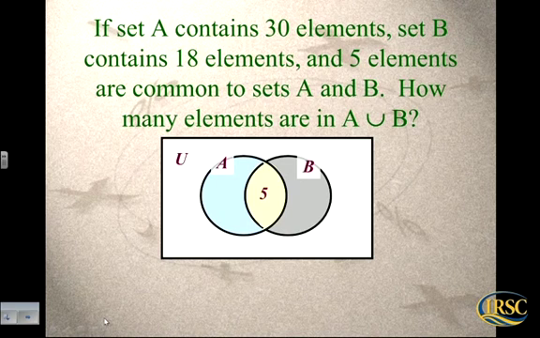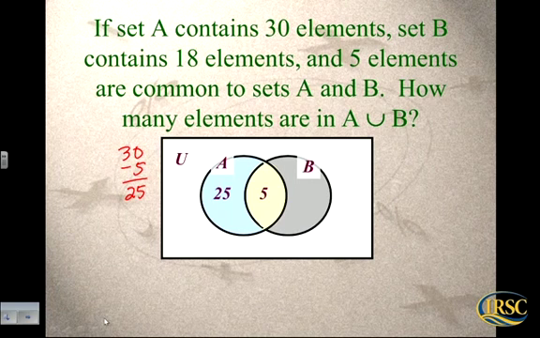Right, you've already represented 5, and you know that there are a total of 30 elements in A, so it's always a series of subtractions here. You've got to take away those that you've already represented, and what's left is what goes inside of the blue region.